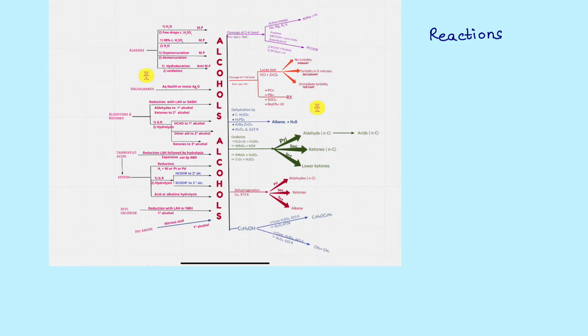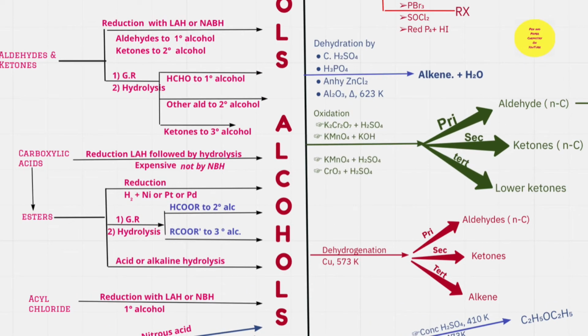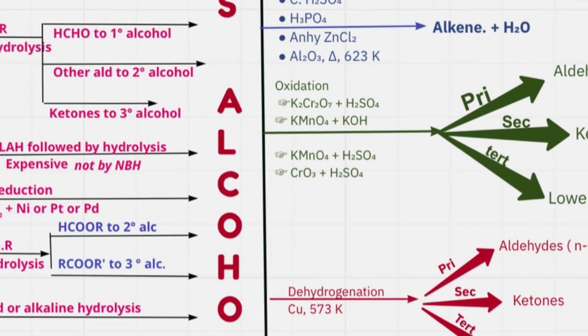That's a very good and easy way to remember the topic. So look at the oxidizing agents. You've got acidified potassium dichromate, alkaline KMnO4, acidified KMnO4, and chromic acid. Greater detail a little later in the video.